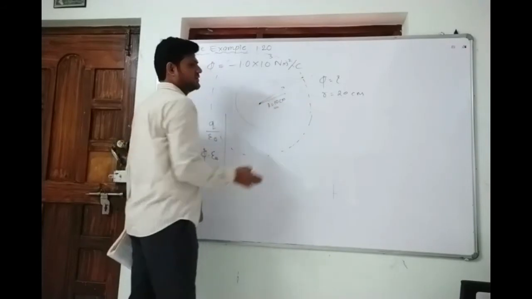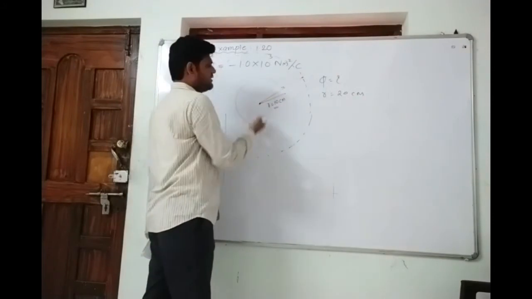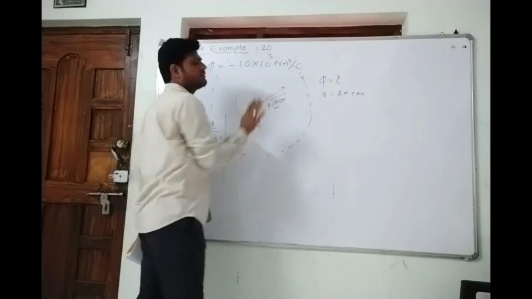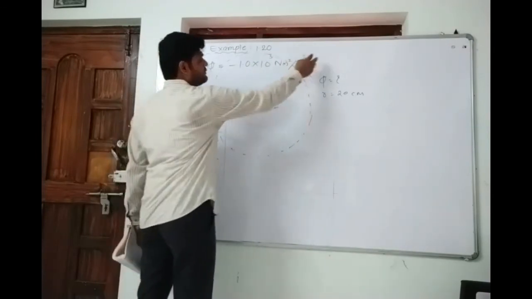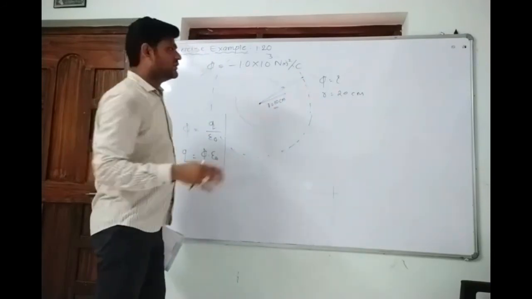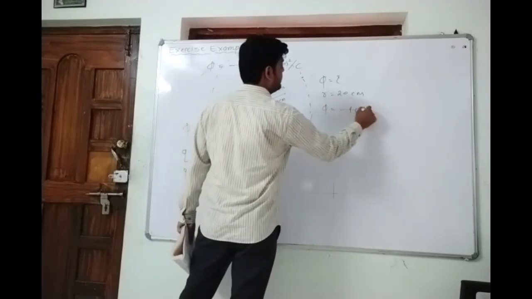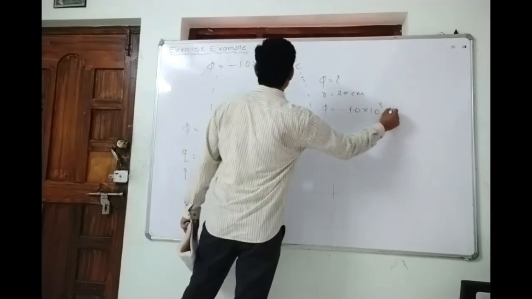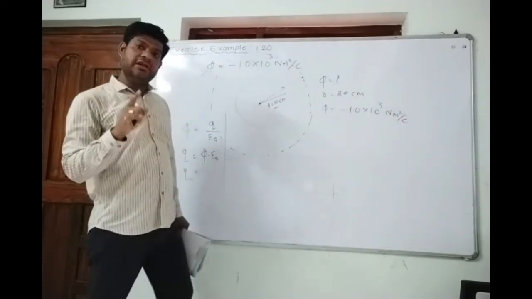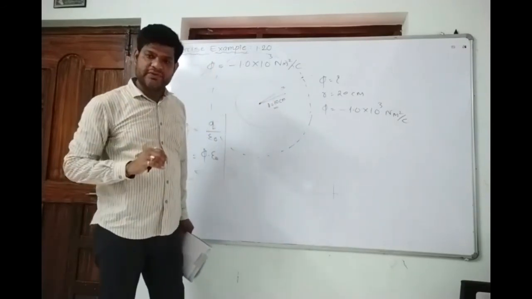If the radius becomes double, the flux is the same, minus 1.0 × 10^3 Newton meter square per coulomb. The same flux will pass through the r equal to 20 centimeter sphere, correct?